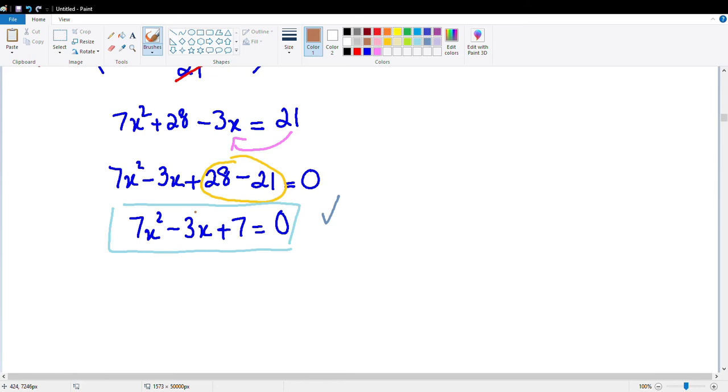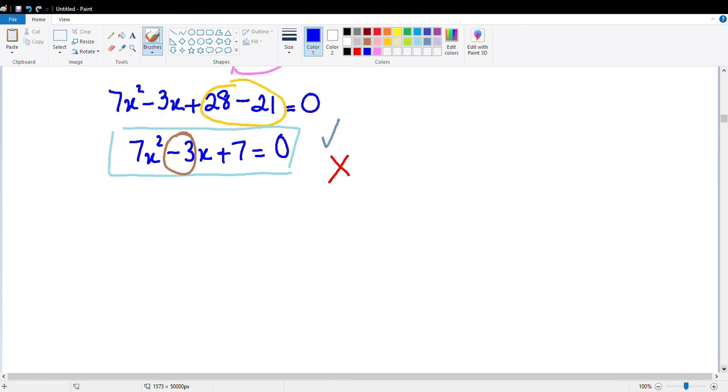Over here, the x has some other coefficient, and if it does, then it's not a pure quadratic equation. You can see that there is minus 3, so it's not a pure quadratic equation, but we got it in standard form. Now, let's move on to the third part.